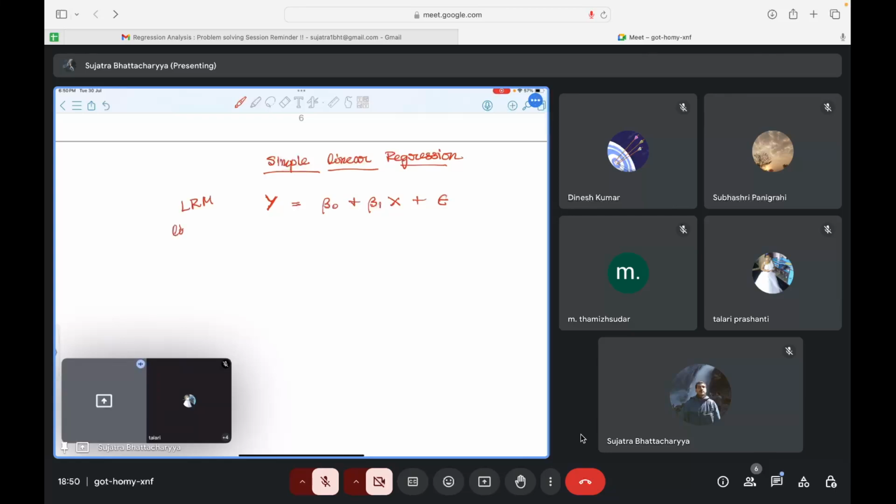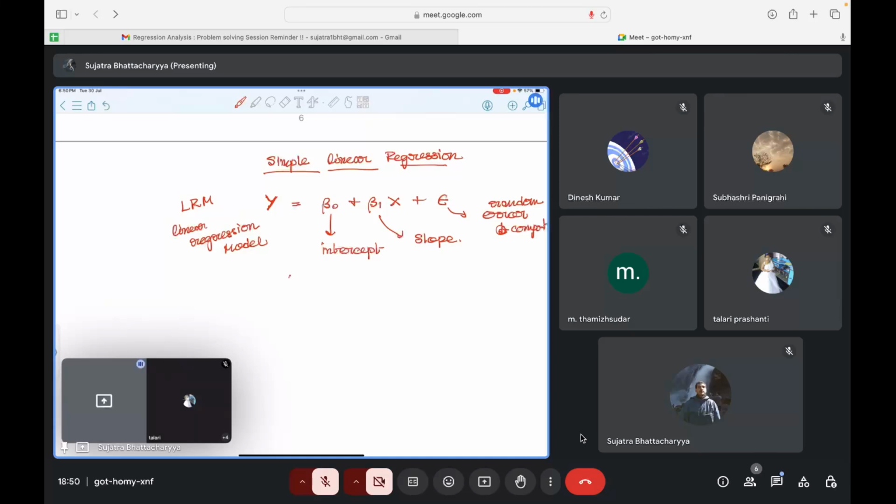Here beta naught is nothing but the intercept, beta 1 is the slope, and epsilon is some kind of an error distribution, or residual distribution, whatever it is. So it is actually called the random error component.